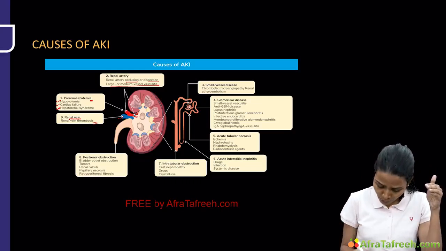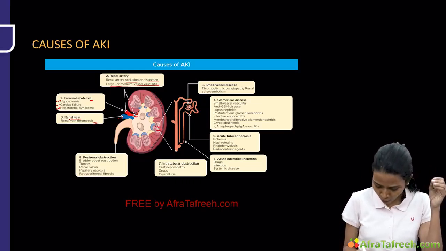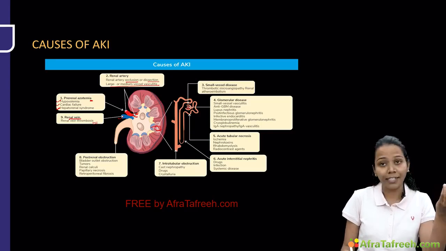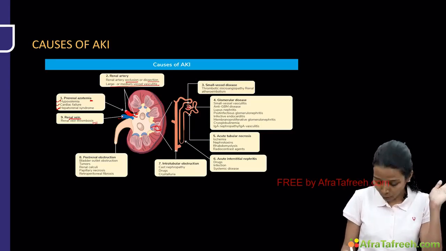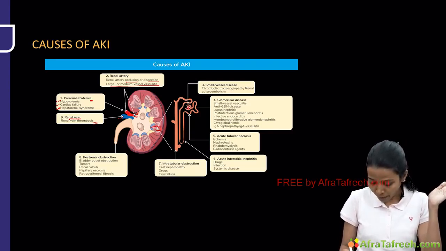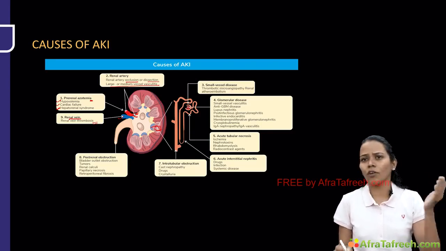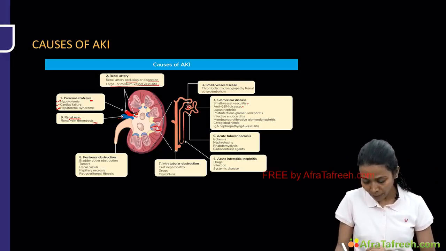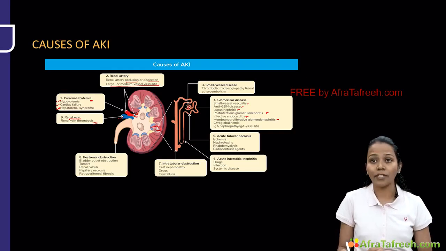Now coming within the kidney. Here, they have taken a small section of the nephron and enlarged it. Inside this are small vessel diseases like TMA or renal atheroembolism. Then you go to the glomerulus, which covers all the causes of glomerulonephritis: small vessel vasculitis, anti-GBM, lupus, IRGN, that is post-infectious glomerulonephritis, infective endocarditis, membranoproliferative glomerulonephritis, cryoglobulinemia, and IgA.